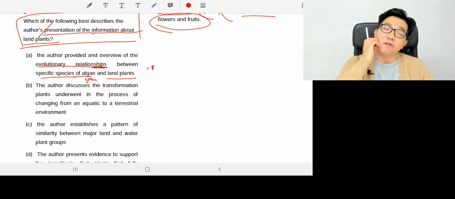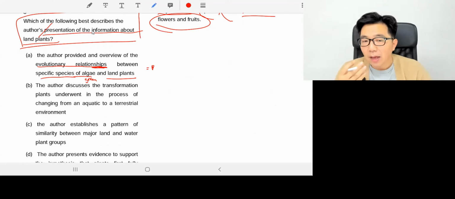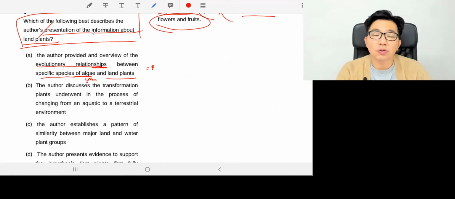It has a lot of information about what challenges land plants faced, and as an evolutionary change, how they changed, how they adapted, and successfully evolved to survive and live as land plants, right? So this is very limited. It's just up to paragraph 1 and 2, okay?